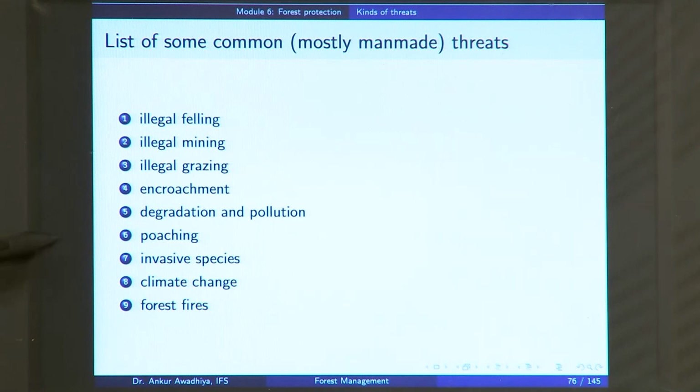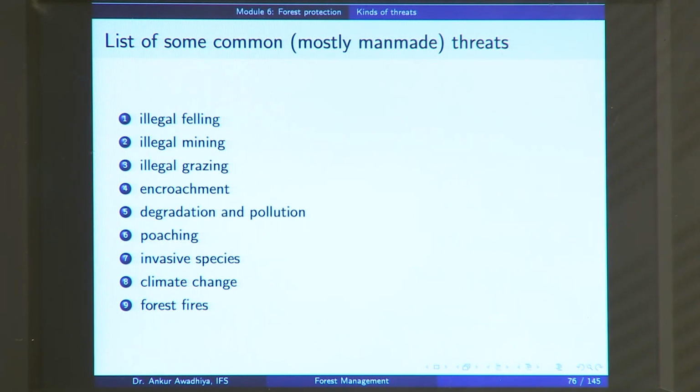So, invasive species is also a man-made threat in certain situations. Climate change: these days, a large portion of climate change is happening because of man-made causes, because we are releasing huge amounts of carbon dioxide into the atmosphere, especially by the combustion of fossil fuels, and that is leading to global warming and climate change. So, climate change is to a large extent a man-made threat as well.